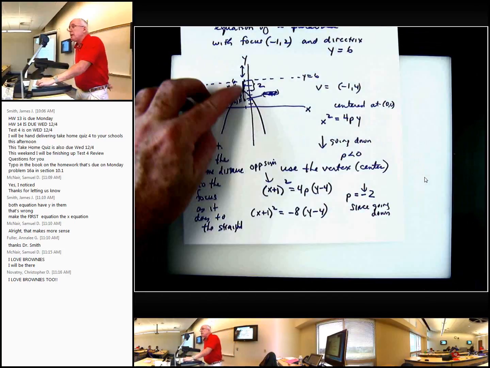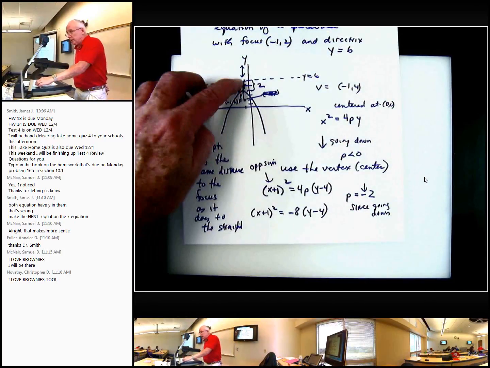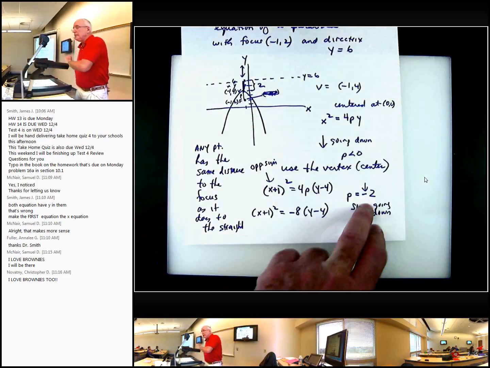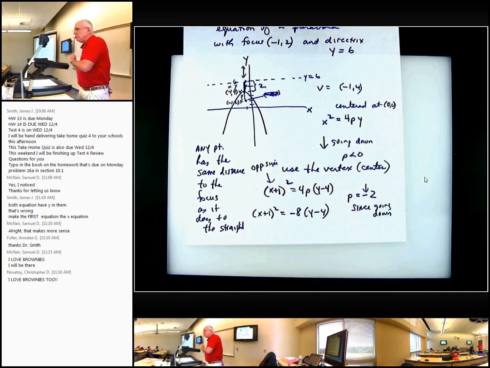So we know it's a magnitude of 2 from this distance of the vertex to the line, but it has to be negative because it's going down. So 4 times -2 is -8.